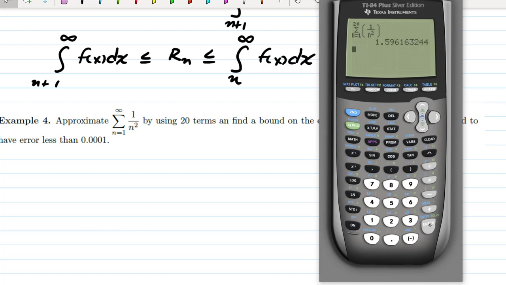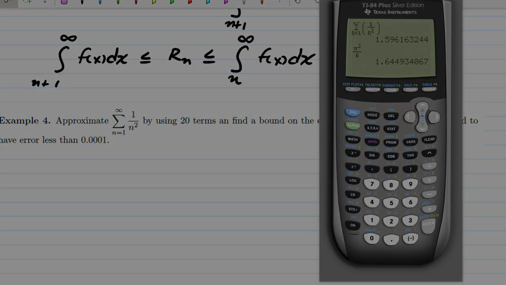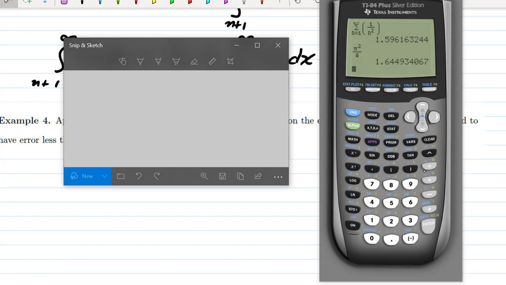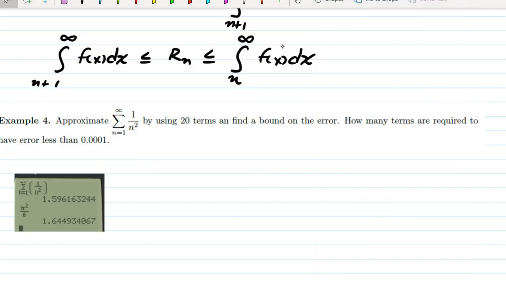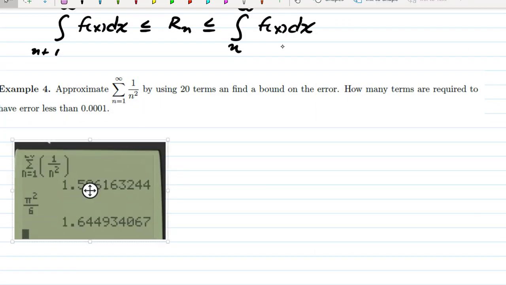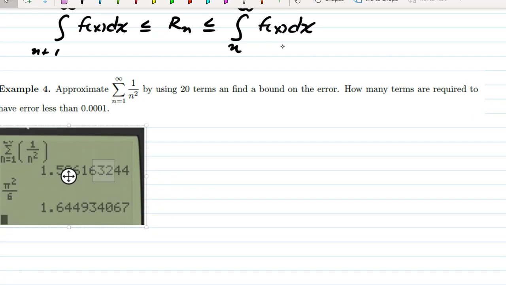Now our calculator thinks for a second, and we get 1.5961, and we can compare that to the known value, which is pi squared over 6, and we get 1.644. So that's our exact value, and that's our 20-term approximation.